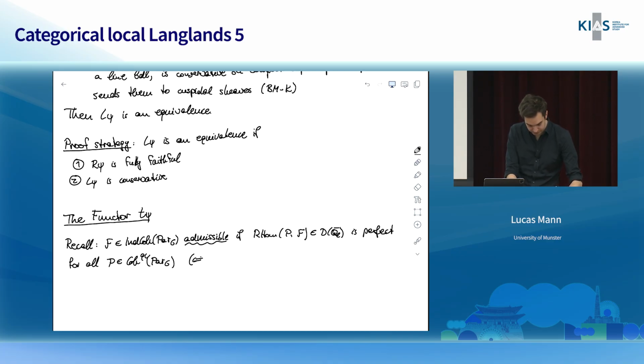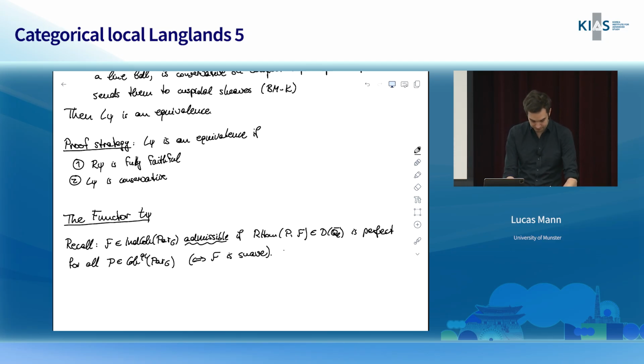Okay, and I think I mentioned, but I don't really want to go into here now, that this is the same as F being suave in the ind-coherent six-functor formalism. So it is a very natural finiteness condition that you can consider, even though in practice it looks quite weird.